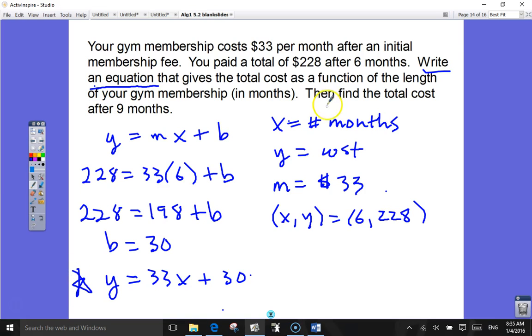Okay, now it says find the total cost after 9 months. How would you do that? Using our equation, how do you find the cost after 9 months? Put in x equals 9. Right?